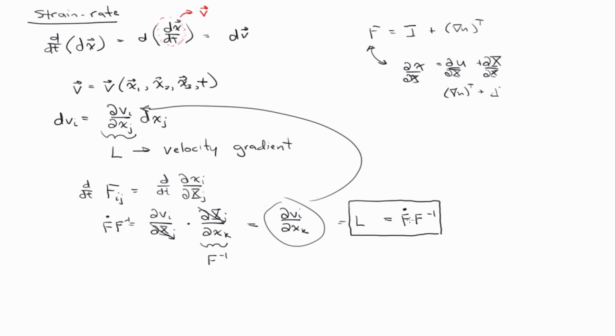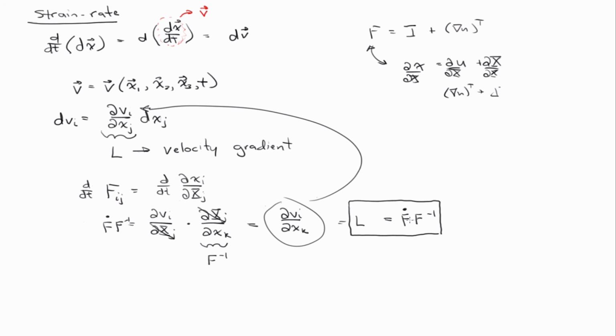We call it a two-point tensor because it takes things from one point to another, right? Remember what the deformation gradient does. It takes vectors in the reference configuration into vectors in the deformed configuration, right? It's a linear operator. It just operates on vectors, right? So it takes vectors from the reference configuration to the deformed configuration. So from one point to the other, okay?